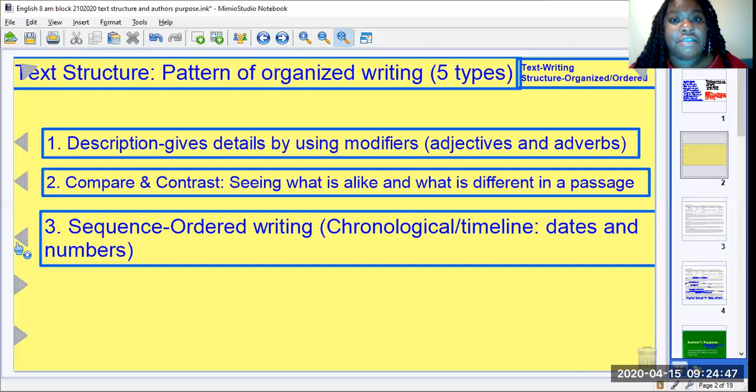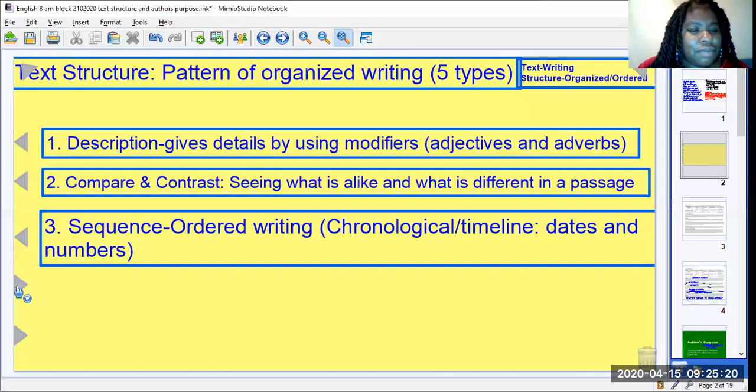And then in 1897, this happened. So when you see those types of numbers in an order of certain things happening, you do have a timeline, so to speak, but it's still a sequence. So make sure you understand that a sequence is just ordered writing, and chronological or timeline falls under sequence, but it's simply dates and numbers.